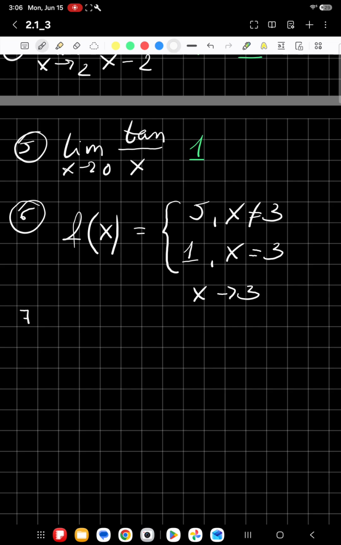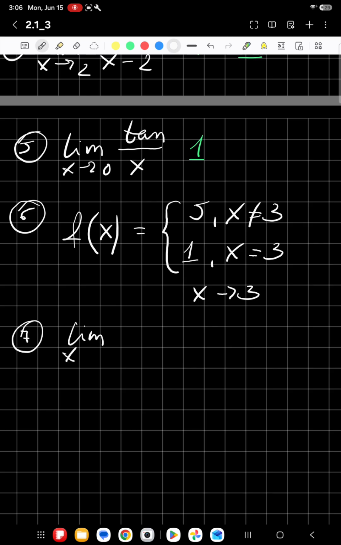And number 7, again I'm just going to give you a function, sine of 5x. Actually, let me write it as a limit.